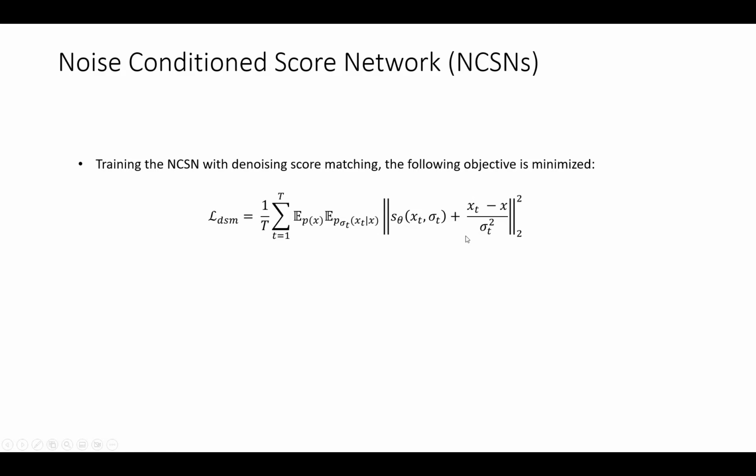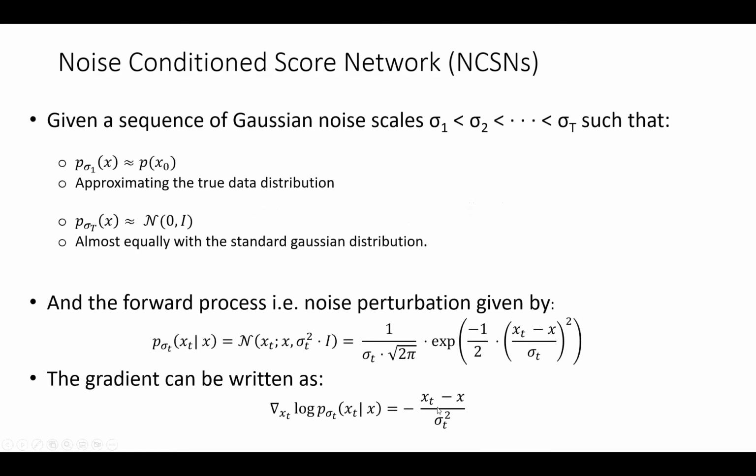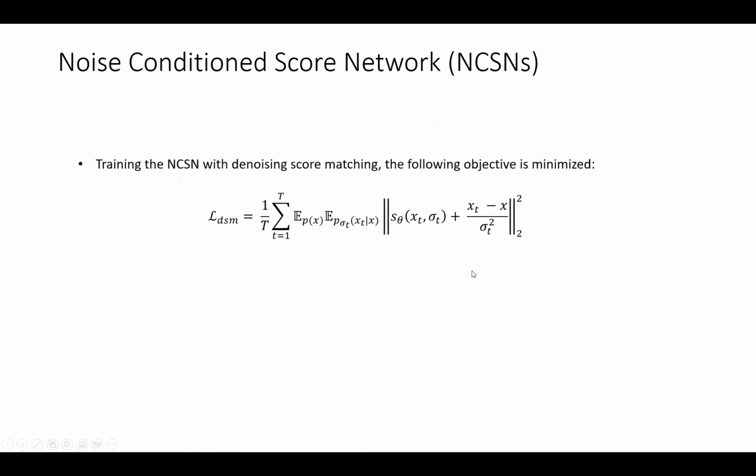But since this was negative, as you see here, we have a negative xt minus x, therefore we have put plus here. So now we will take the training example from this original distribution. Then we will take the different sigma values, take a sigma t, and do all that. That's the way we are going to train our network.